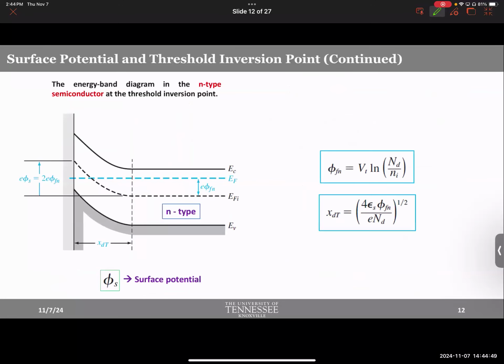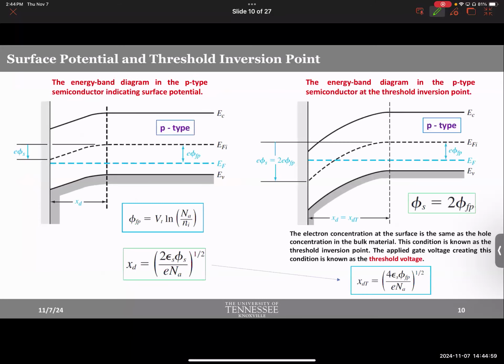Let's go back to this slide. Notice, Fermi level, intrinsic Fermi level. This parameter is called phi FN if it is an n-type semiconductor, or phi FP if it is a p-type semiconductor. So the difference between the Fermi level and the intrinsic Fermi level is an important parameter.